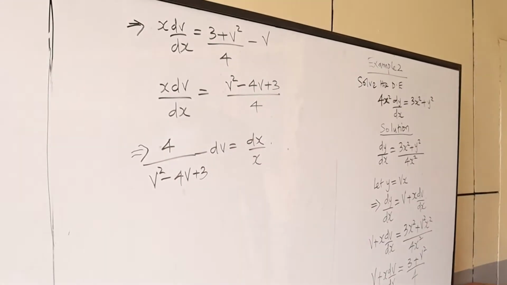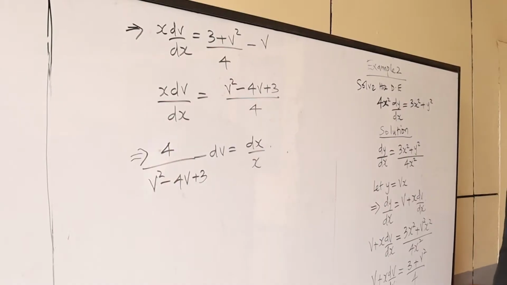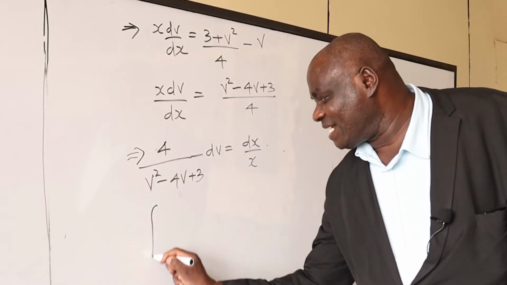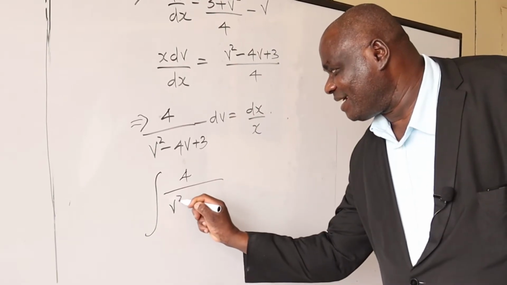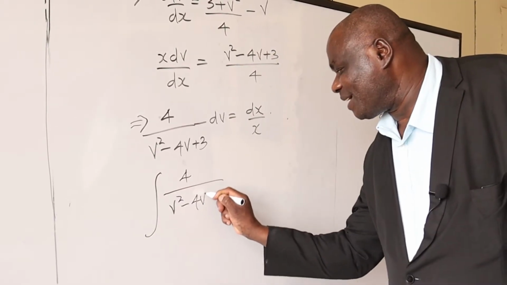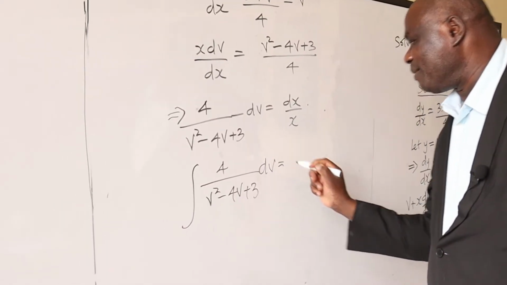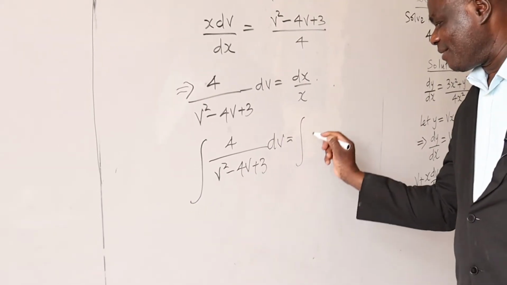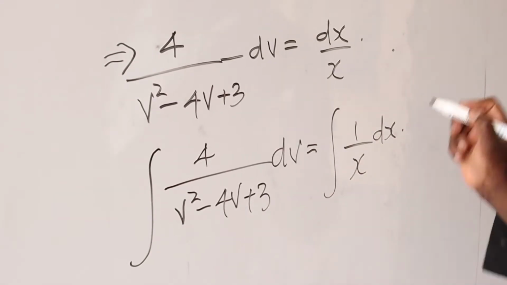Now we can integrate both sides so that we can get our solution. So the integral of 4 all over v squared minus 4v plus 3 dv will be equal to the integral of 1 all over x dx.